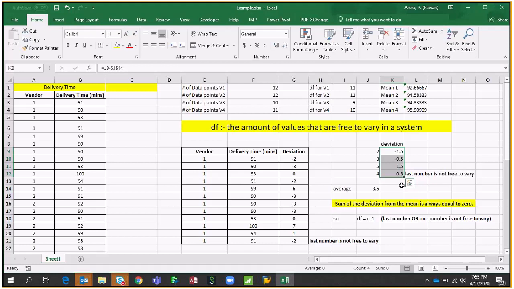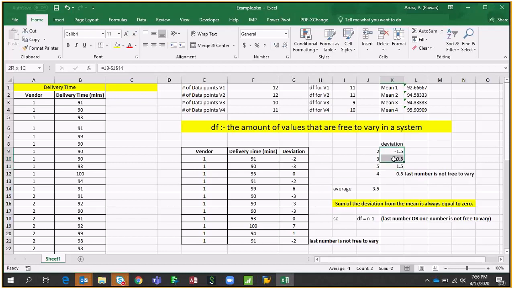Now let's understand it in another way. Whatever the data points may be, if I take their deviations from the mean and sum those deviations, the total will always be 0. Okay. Now by taking this understanding, let's try to do it again. This is 2 minus 3.5, minus 1.5. This is 3 minus 3.5, minus 0.5. 5 minus 3.5 is 1.5.